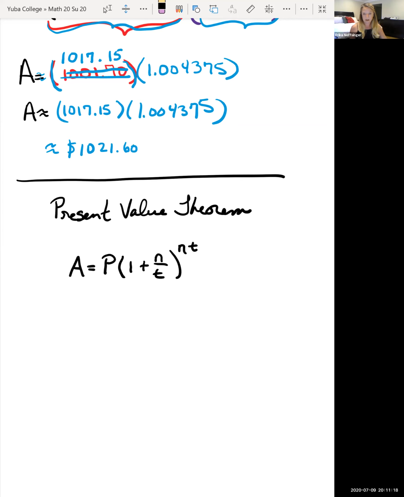All they're doing here is solving for P. Because this is strictly multiplication between P and the parentheses, and there's no other term, we can divide both sides by the parentheses. And so P is equal to our amount A all over 1 plus r over n raised to the nt power.